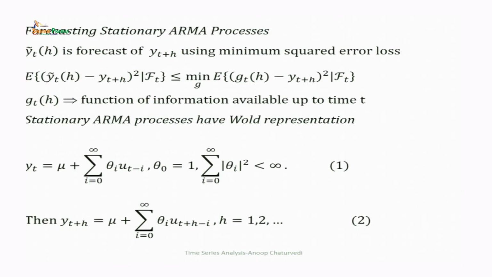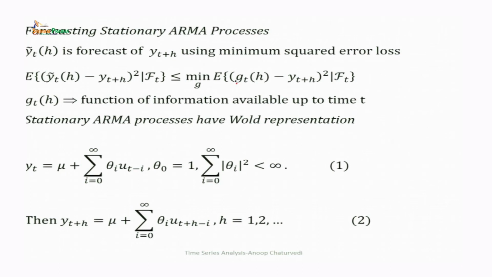For forecasting in a stationary ARMA process, suppose this is your h step ahead forecast. Again, you use the minimum mean squared error loss function, or minimum mean squared error criterion. So we minimize y curl t h minus y t plus h, square, given the information up to time t, F t.